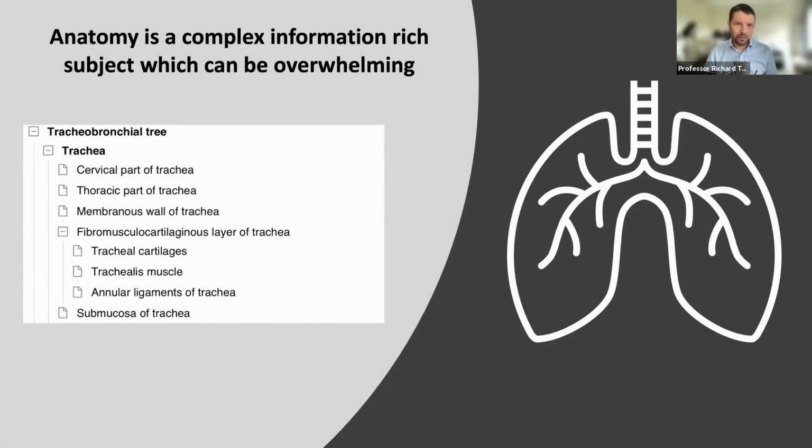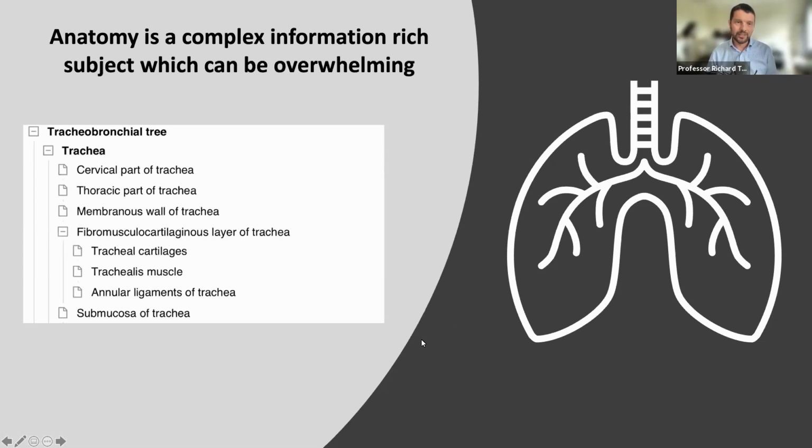So anatomy is a complex and information-rich subject. And for many new people to anatomy, new students, it's overwhelming. And indeed, for many of my students who've been with me for a year, it's still overwhelming. Take, for example, the lungs and the tracheobronchial tree. In this simple figure, it might seem simple, but watch the list on the left-hand side.